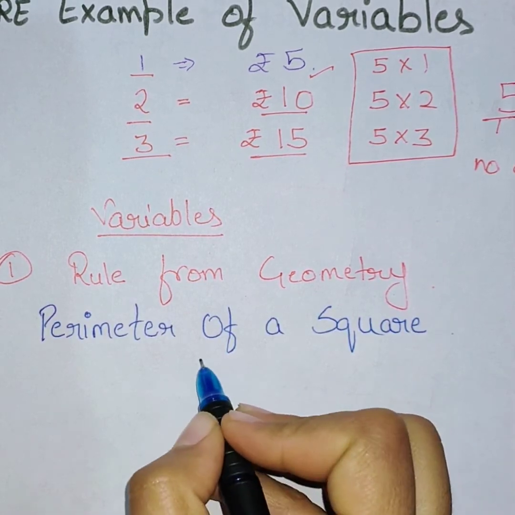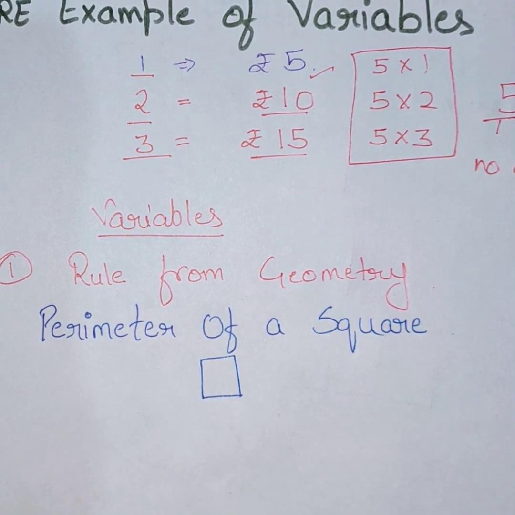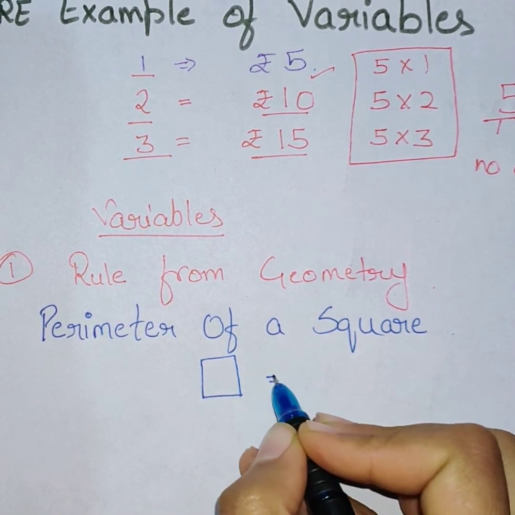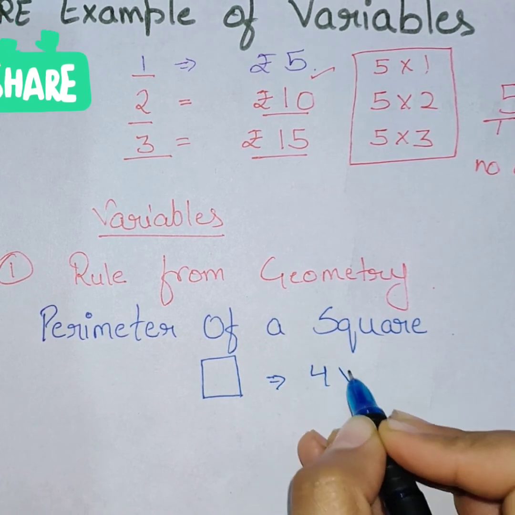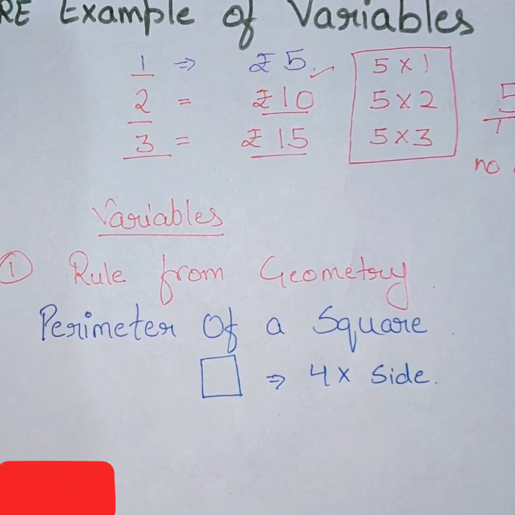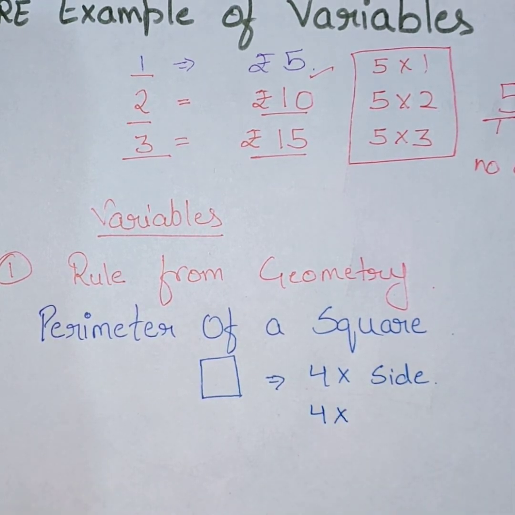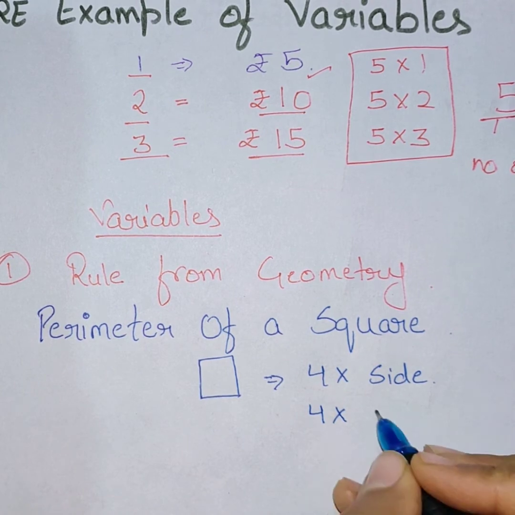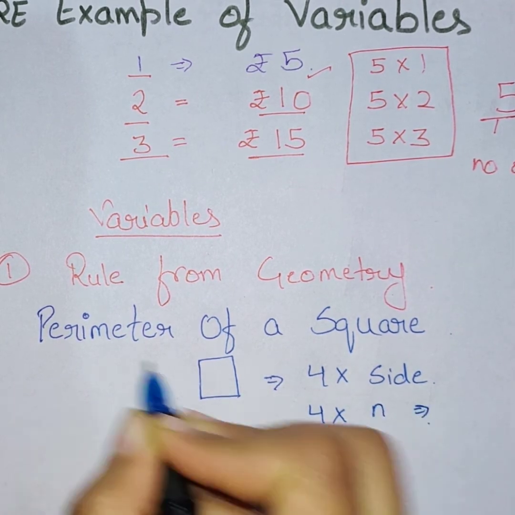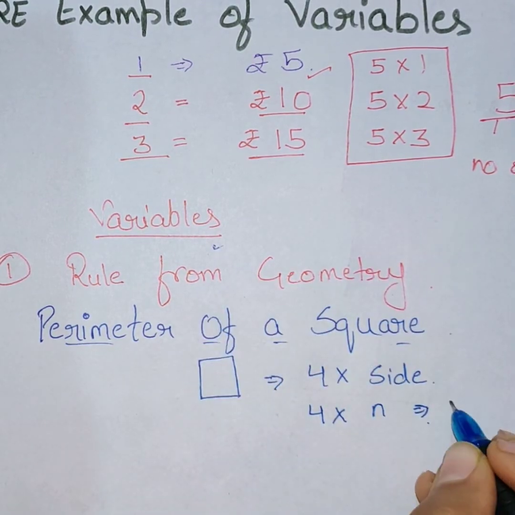This is a square and the perimeter of a square is the sum of all sides, or we can say 4 into side, as the sides of a square are equal. So here you can take the variable as n. The formula for the perimeter of a square using a variable will be 4n.